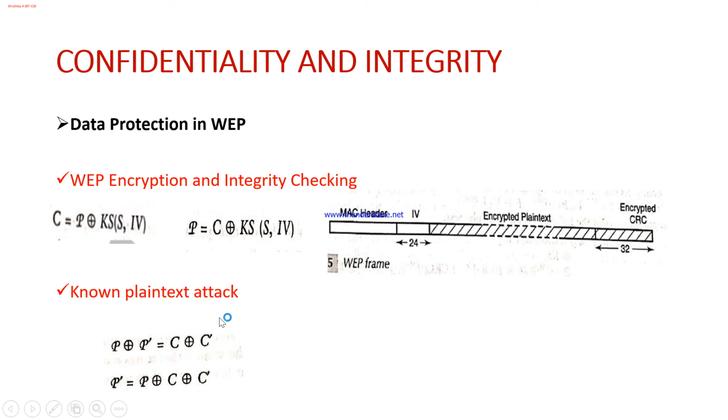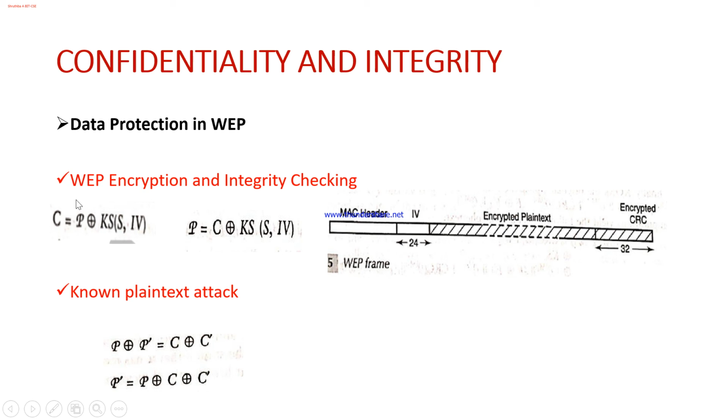The first one is the non-plain text attack. The basic problem with WEP is the possibility of key stream reuse. There are possibilities where we reuse the key stream rather than computing a new one.